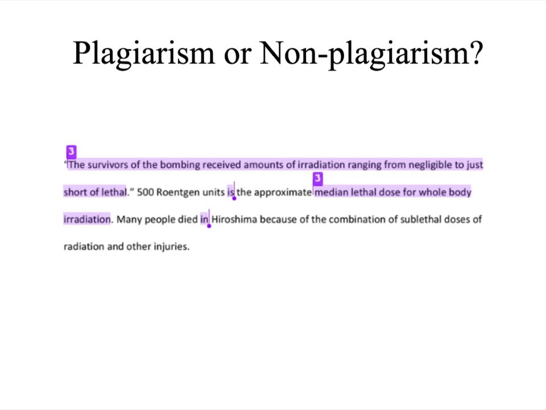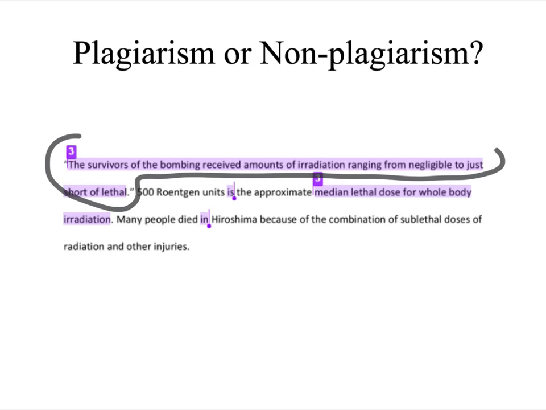So in our next example here, we have 2 main highlighted areas, both from the same source. If we look at the first part right here, we see that this sentence is actually marked with quotation marks. So it's under quotes. Our first instinct may be to say, well, it's under quotes, it's okay.